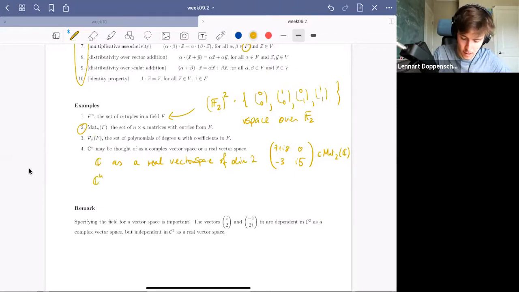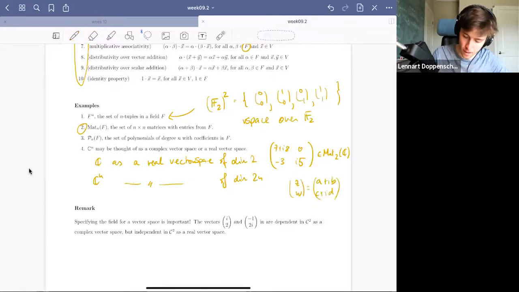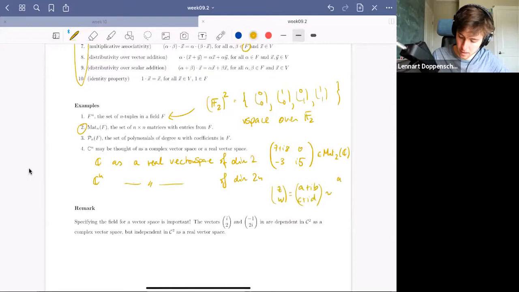And then C^n is a real vector space of dimension 2n, where instead of having z and w, which look like a plus ib and c plus id, you have 4 real entries that make up 2 complex entries, so you might as well write them as a, b, c, d. And this tilde symbol just means there's an isomorphism, but I'm not making this precise.